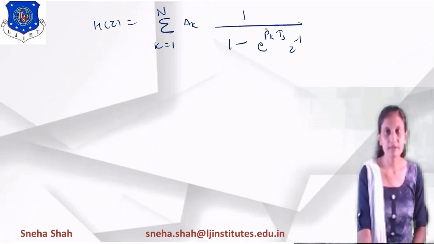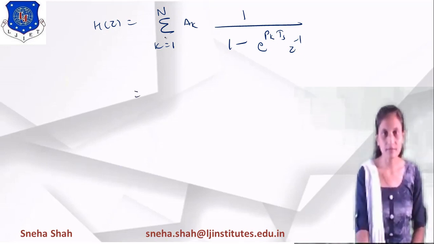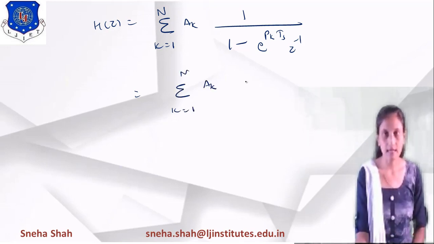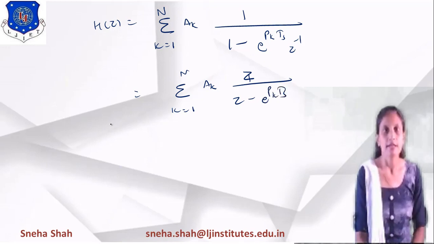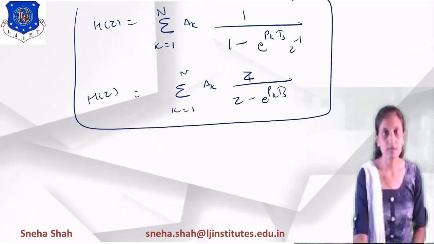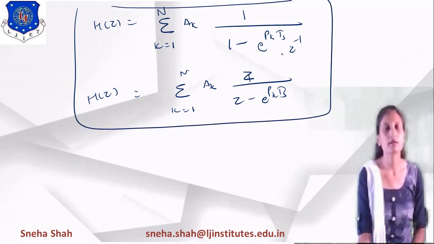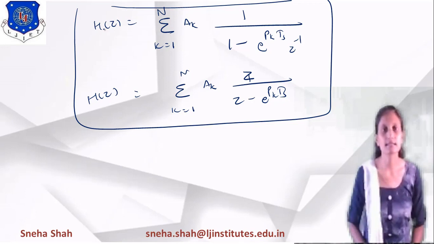Now if I am simplifying this term, it will be represented as summation k equals 1 to n ak, 1 upon z goes over here, so it will also be represented like z upon z minus e raised to pk ds. So by using this equation, we can convert this analog filter into the particular digital filter.